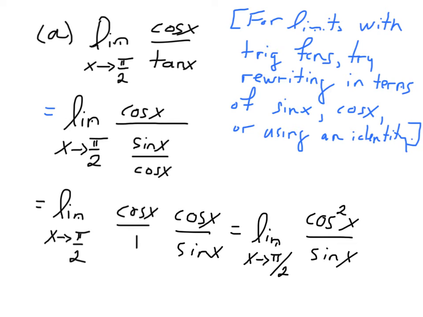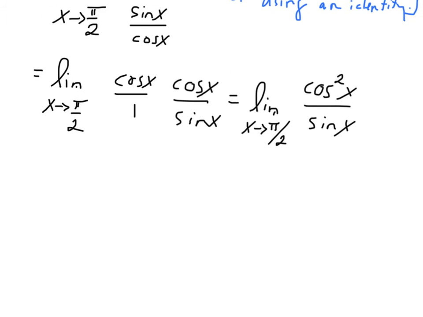Now, looking at this, we can probably see fairly quickly that in fact pi by 2 is in the domain of this function, cos squared of x divided by the sine of x. In case you've forgotten, let's draw a little unit circle.